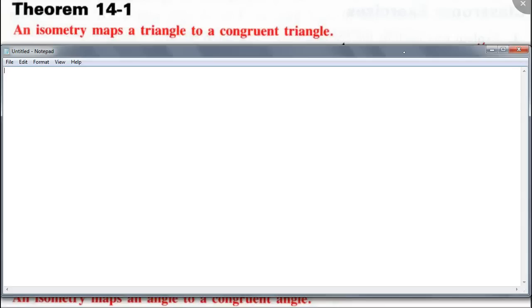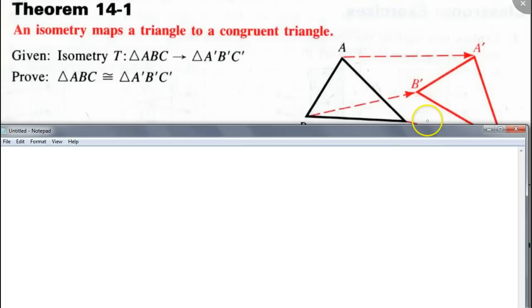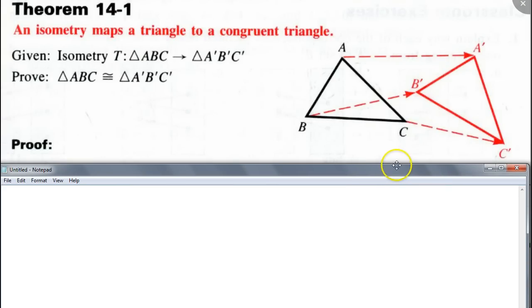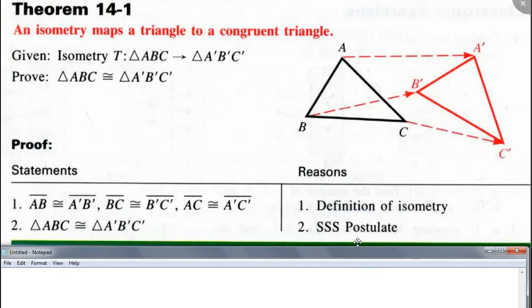Because they have given us, as a given, that this mapping is an isometry. If you have a triangle, here's a picture, and it maps to the other triangle, all the segments will have the same length, right? Therefore, the two triangles will be congruent by side, side, side. So you're right. The first step is, of course, because of the definition of the isometry, the corresponding sides are congruent. Then by side, side, side, the two triangles are congruent.